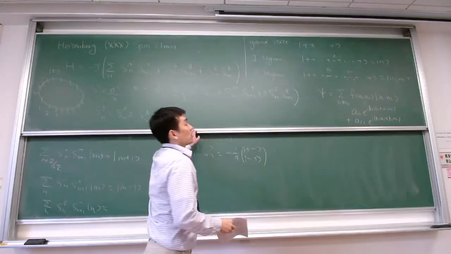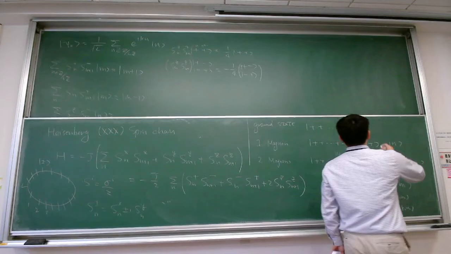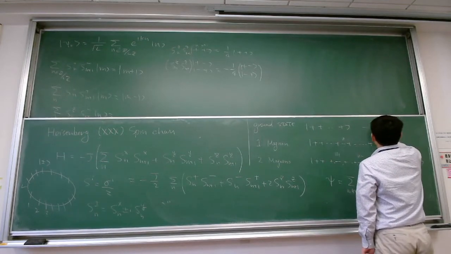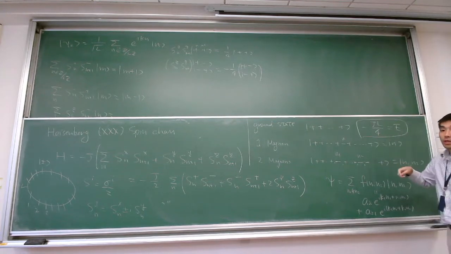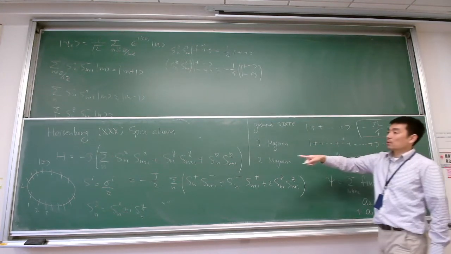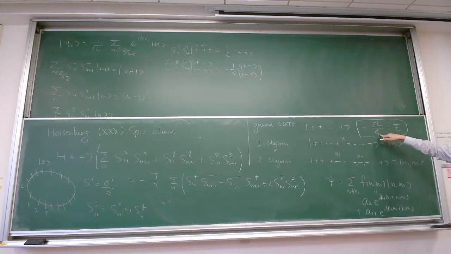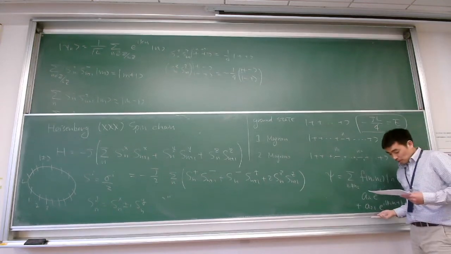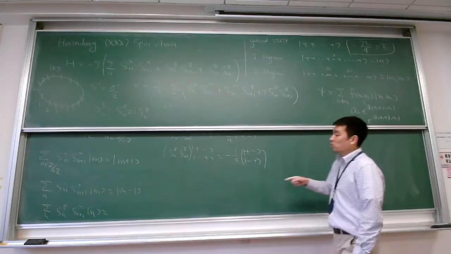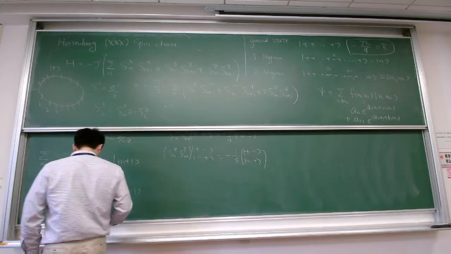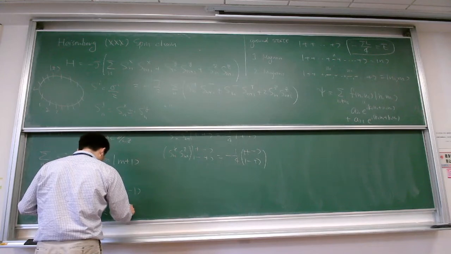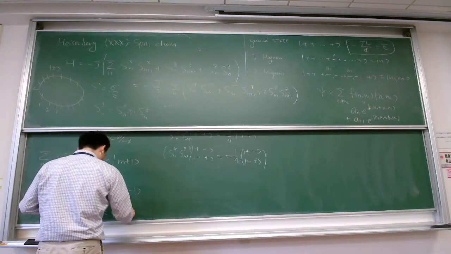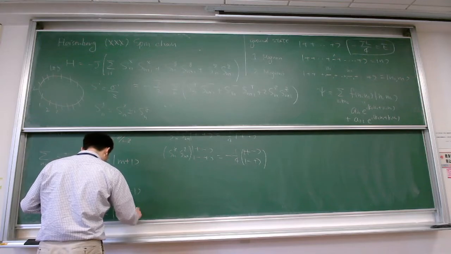Therefore, this is equal to JL over 4. So the ground state energy should be this one. J is the coupling constant. The quarter coming from the L copies of quarter will give you the energy. Here, since one of the sites is negative, this one should be L minus 4 divided by 4.